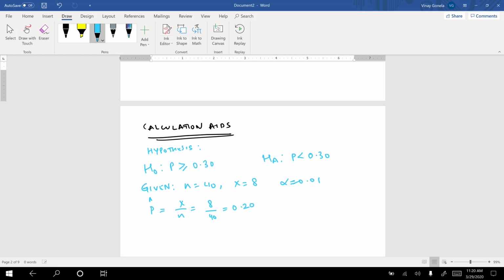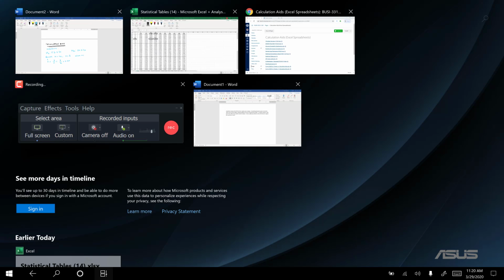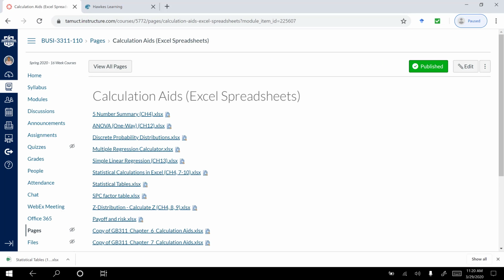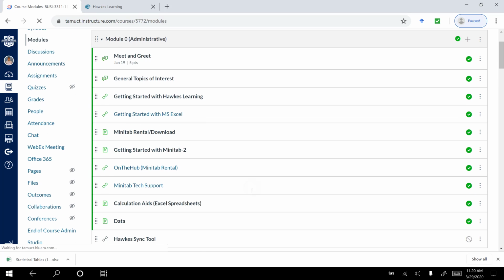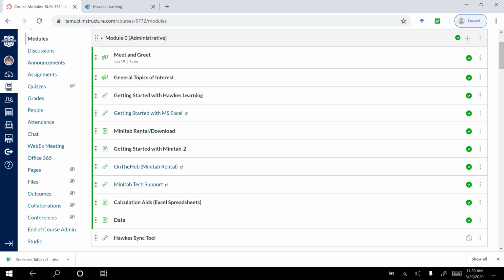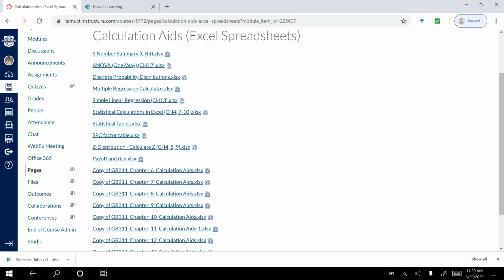So now let's go to our calculation aids and key in these values. I will go to Canvas, download in modules, go to module 0, and download calculation aids, and then chapter 10 calculation aids.